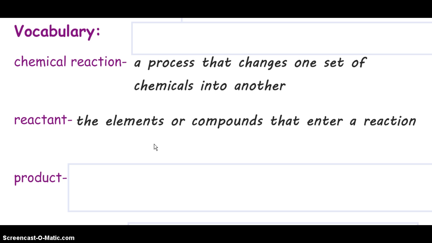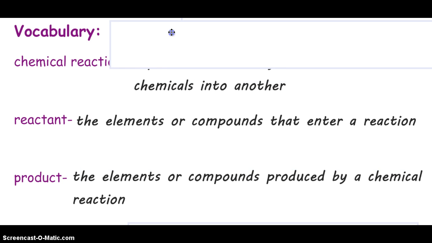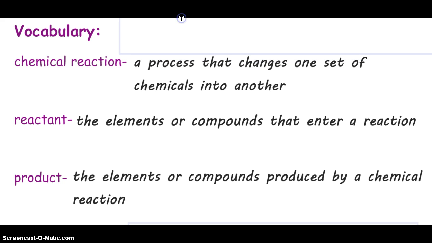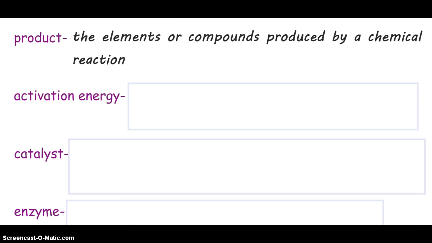So every time, they're the ones that we start with on the left-hand side of the reaction. And then the products are what we end up with, or the elements or compounds produced by a chemical reaction. And if you think, produced, production, so yes. But think about the reactants are the things that react to make the products. I think the words are self-explanatory.